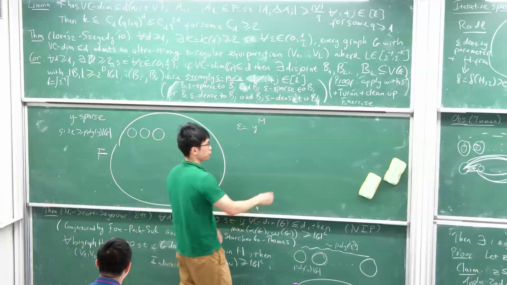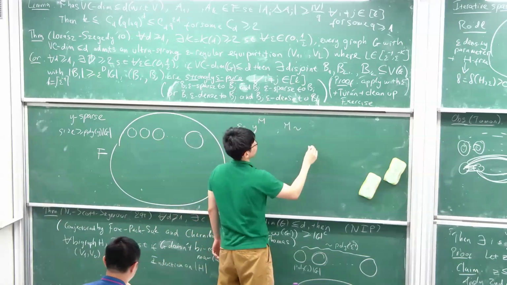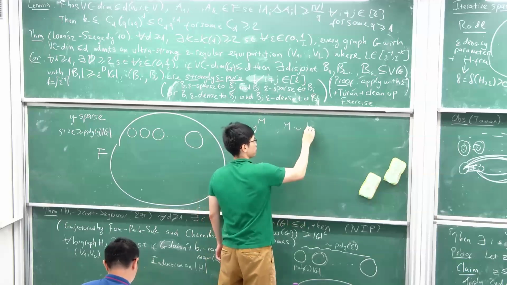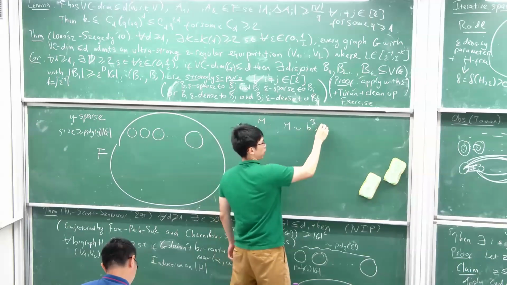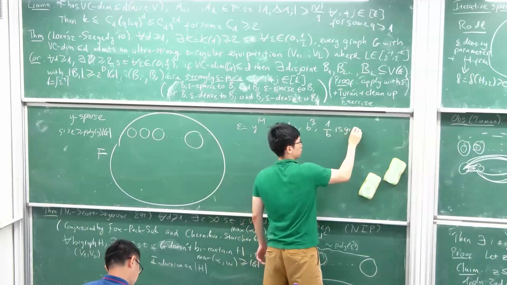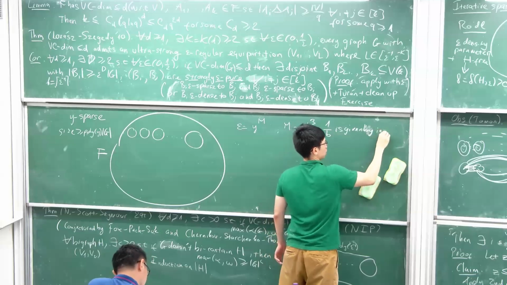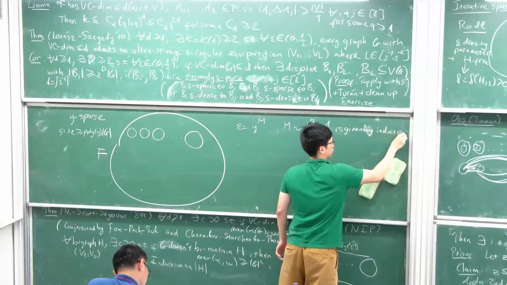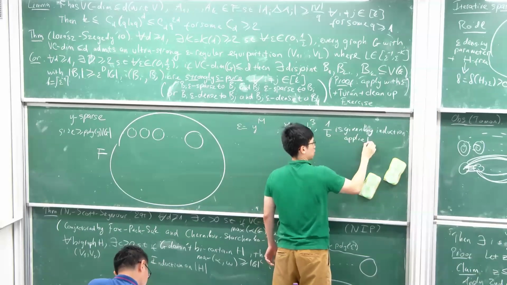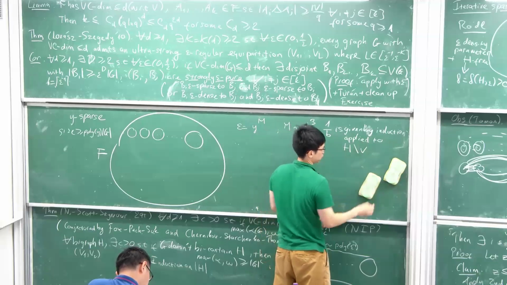And later we'll see that this m is going to be roughly b cubed, where 1 over b is given by induction applied to H minus v.